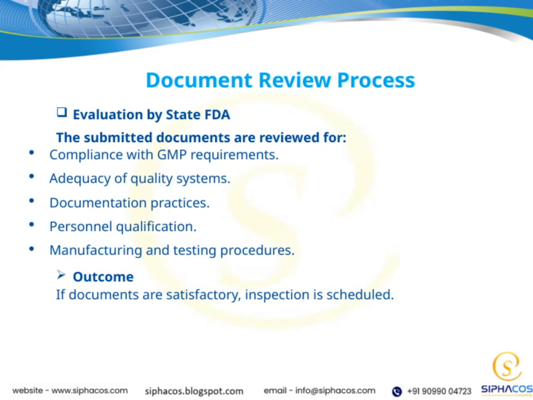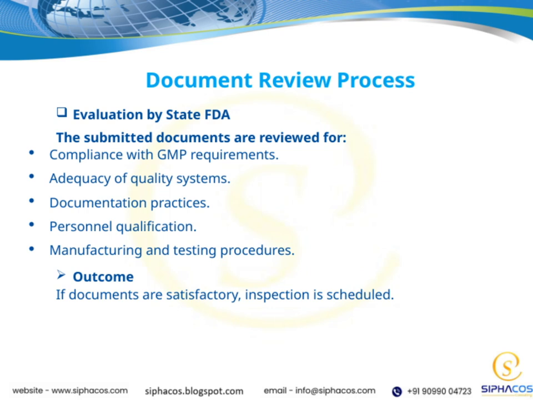Now, let's talk about the document review process, specifically the evaluation conducted by the state FDA. When they review the submitted documents, they focus on several key areas. First, they check for compliance with GMP requirements, making sure everything aligns with regulatory standards. Next, they assess the adequacy of the quality systems in place, ensuring that the systems are robust enough to support consistent product quality.